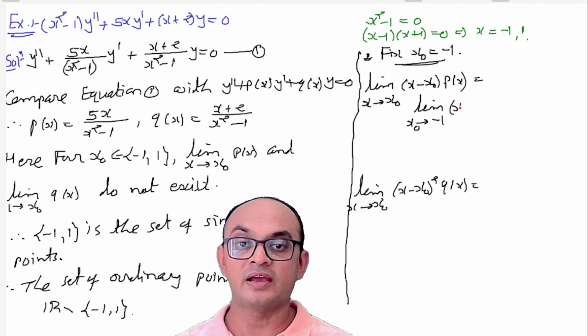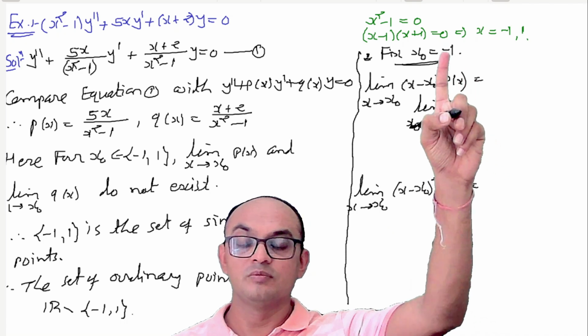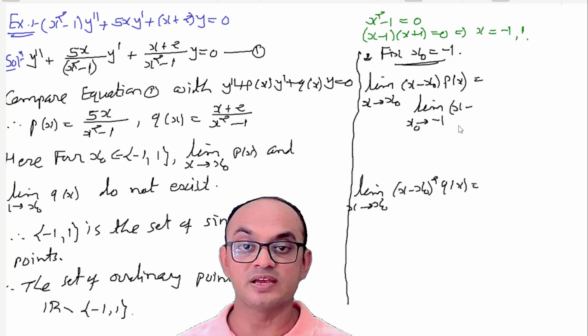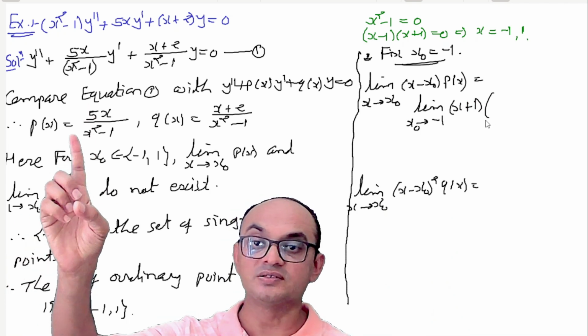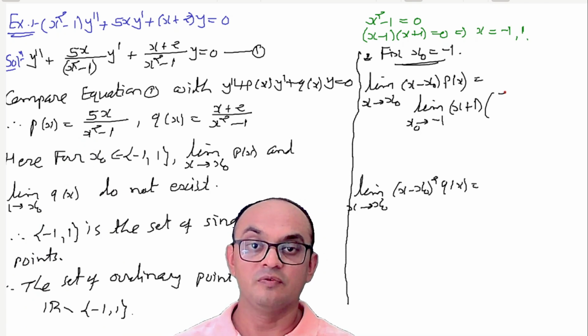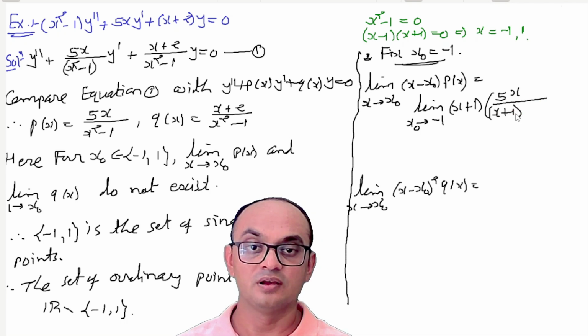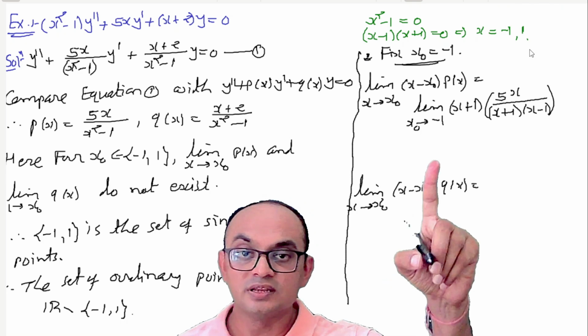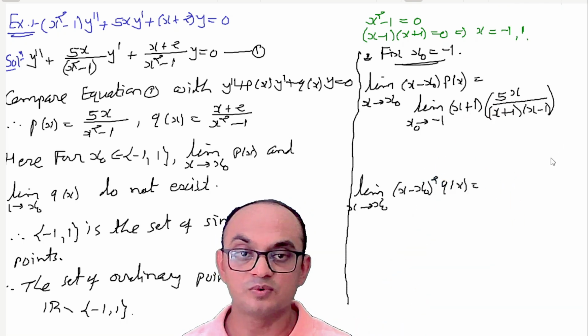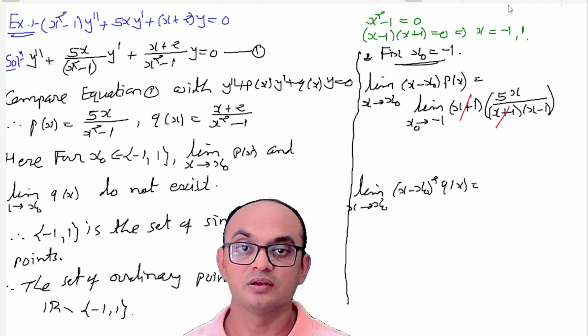Then this is x minus x0, which is x minus minus 1, that is x plus 1. What is px? px is given here, 5x upon x square minus 1. If you permit me, I can write x square minus 1 as (x plus 1)(x minus 1). Can I cancel out x plus 1 and x plus 1? Yes.